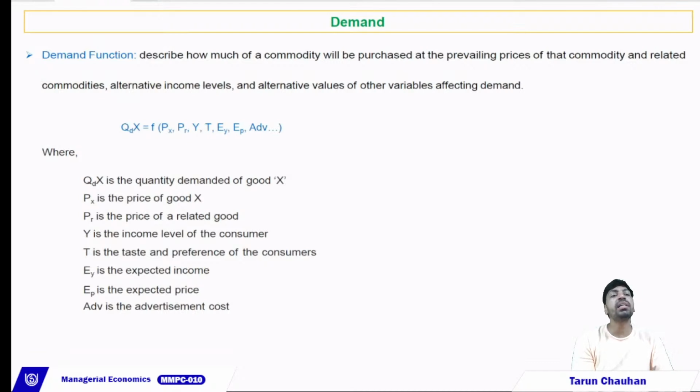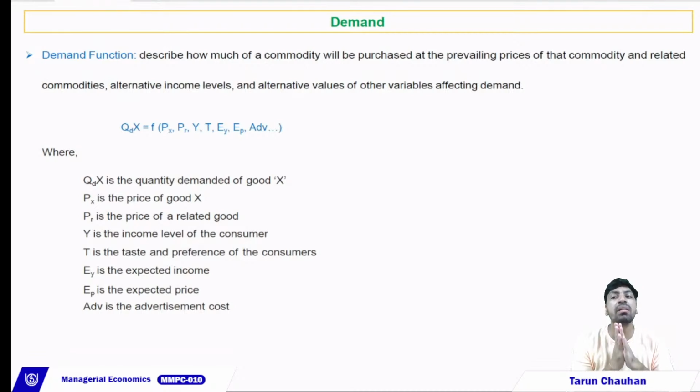The next one is demand function. Why am I saying demand function? Because the law of demand says that there is an inverse relationship between the price and the demand of a commodity. But when we talk about demand function, we are not talking about the shape of the demand.